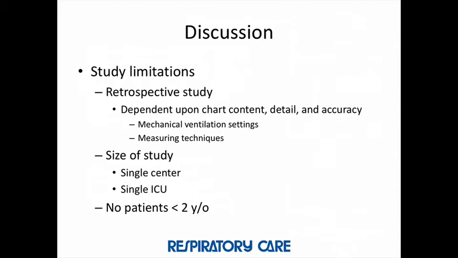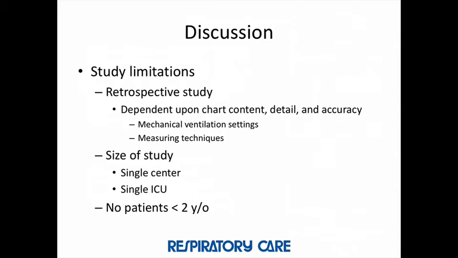And involving a multi-center study just gives you a more robust population of data. Same with, in this study, it was not only in a single center, it was in a single ICU, one pediatric ICU, and if you increase into other ICUs, you're more likely to see more diverse patients and also just more diverse practices, which helps strengthen your study.